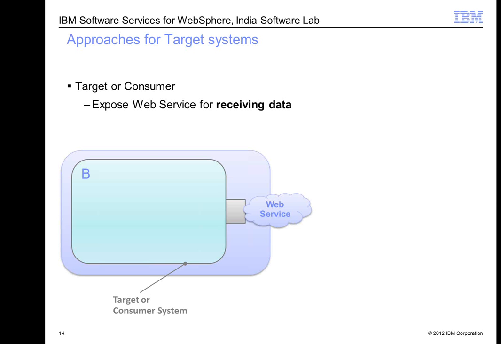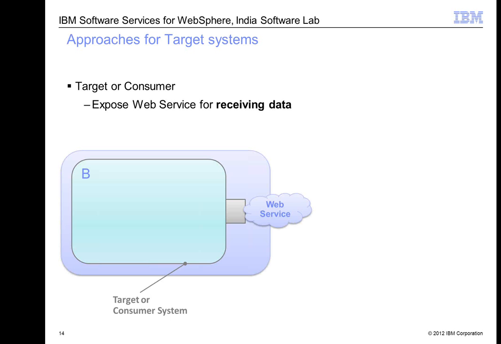So the first approach is more of a passive approach, where you expose the functionality of consuming data as a web service. In this case, you need some information, and you have the placeholder where you can store that information, but that information will be pushed in by somebody outside.